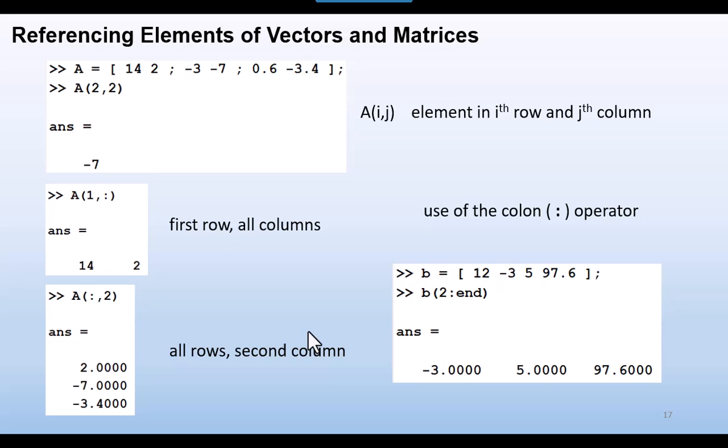And then referencing the elements of vectors and matrices in terms of row, column, 2 by 2, row 2, column 2, etc. And then using the end indicator, 2 colon end means all the items from the second item to the end of the vector.